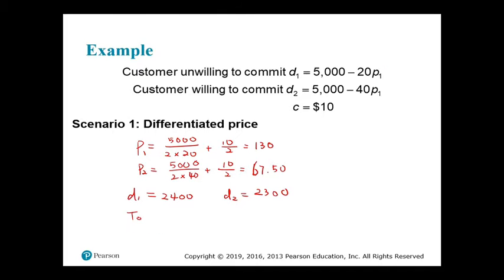The total profit is equal to $130 minus 10 times D1, plus 67.5 minus 10 times 2300, equals 420250.